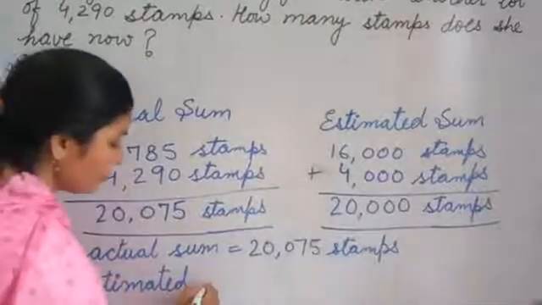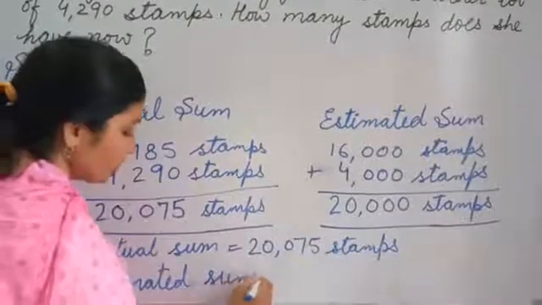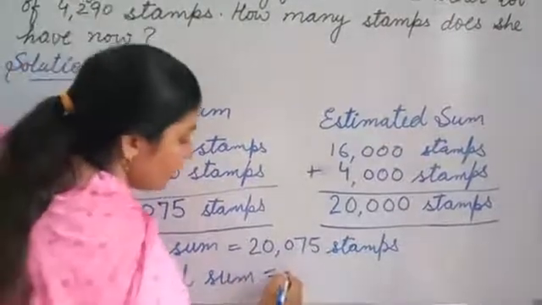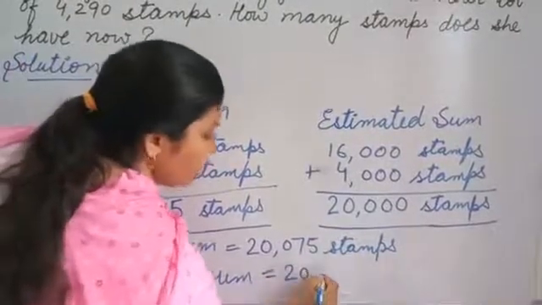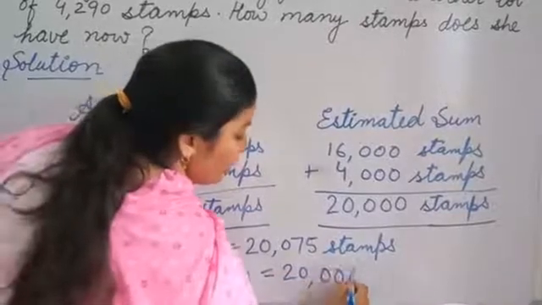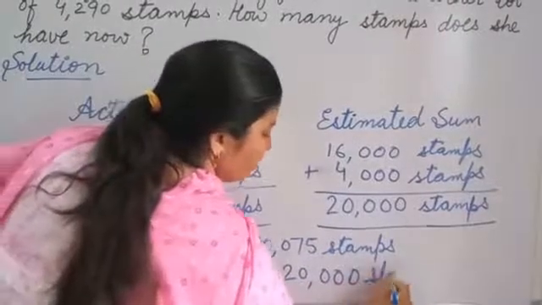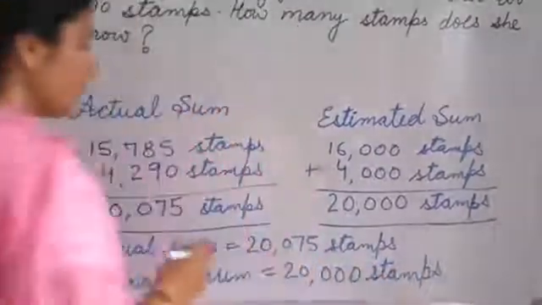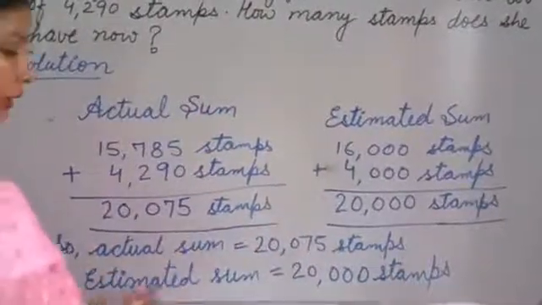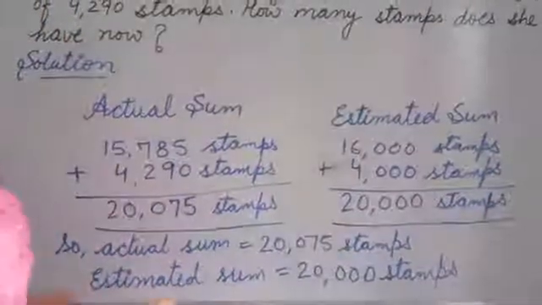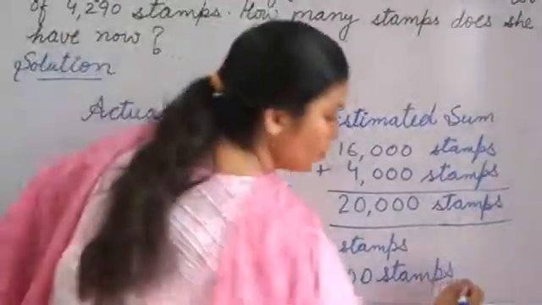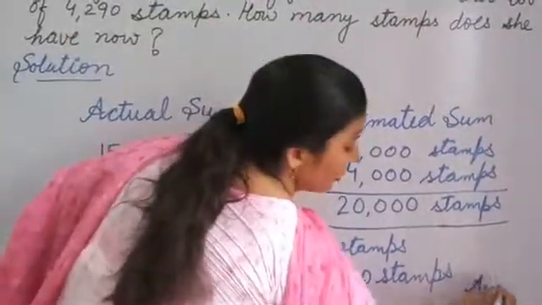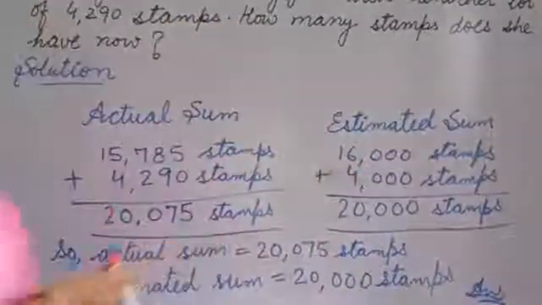Estimated sum equals to 20,000 stamps. Okay, beta. So this is actual sum and this is estimated sum. That's your answer. Now, next question number 3 we will do.